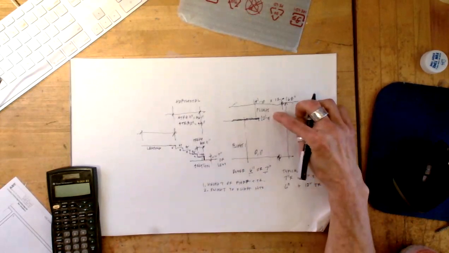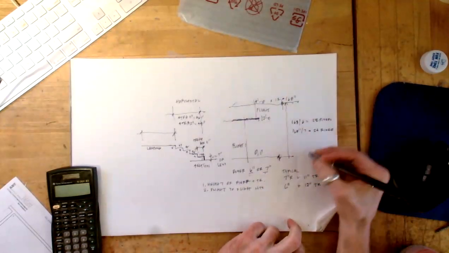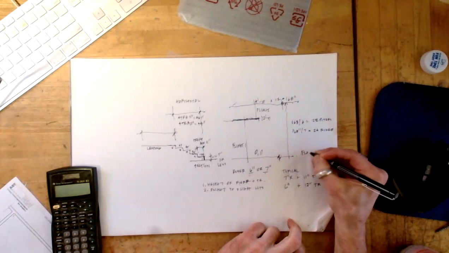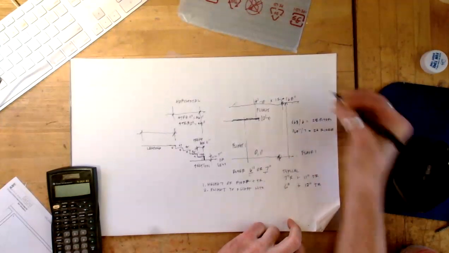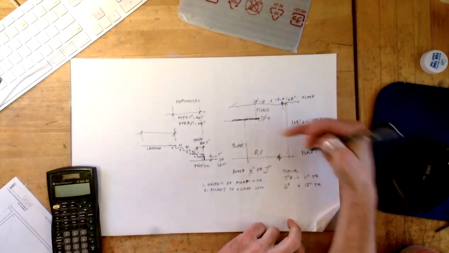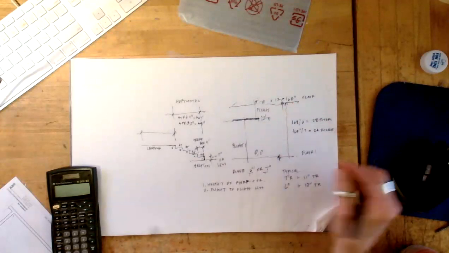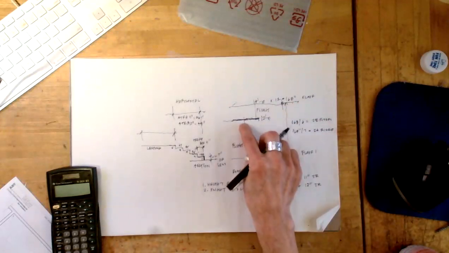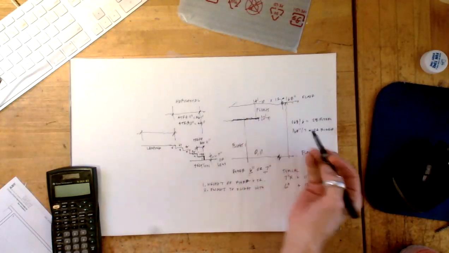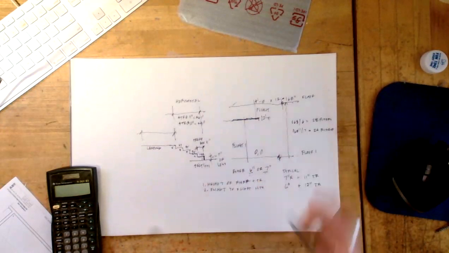There are 2 flights here because the floor to floor height, let's call this floor 1, and let's call this floor 2, exceeds 12 feet. So we need a resting place in between. So the distance to that resting place, which is going to be in the form of the landing, is called a flight. So flight 1, flight 2.